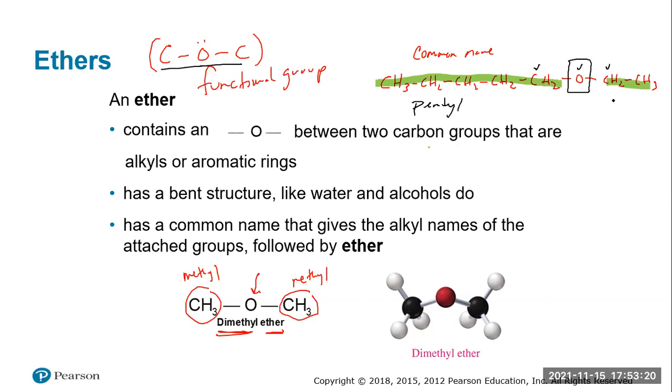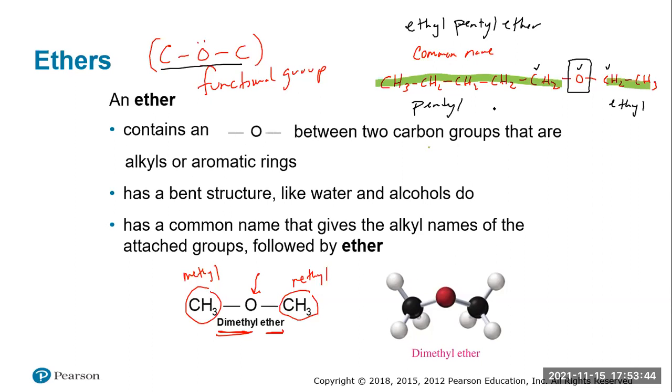Over here, we have a 2 carbon group, which would be an ethyl group. Put them in alphabetical order: ethyl first, followed by pentyl, followed by ether. So ethyl pentyl ether. Again, go to the oxygen as your centerpiece, look left and right, and find the groups. Any questions on that?